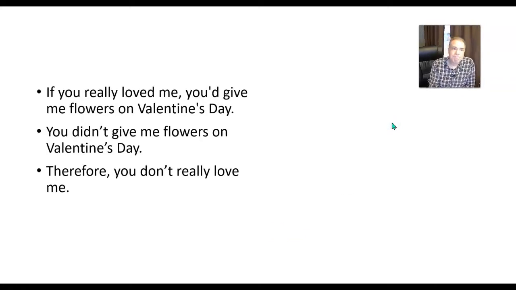How about this one? If you really loved me, you'd give me flowers on Valentine's Day. You didn't give me flowers on Valentine's Day. Therefore, you don't really love me. In symbols, this would be if P, then Q, not Q, therefore, not P. Do you recognize this pattern?